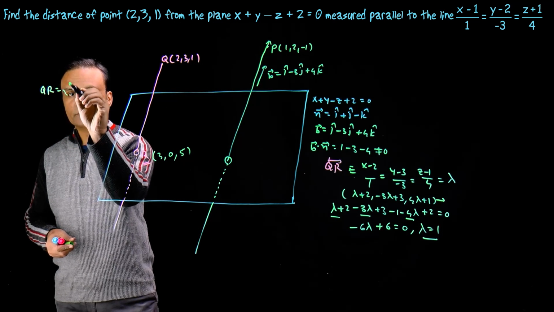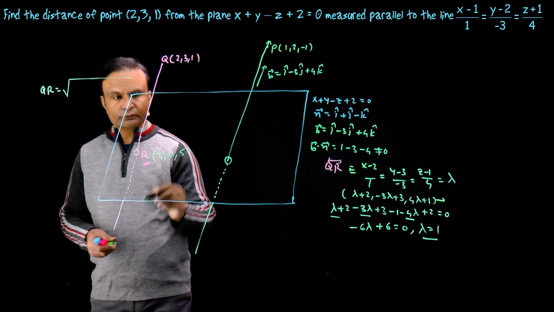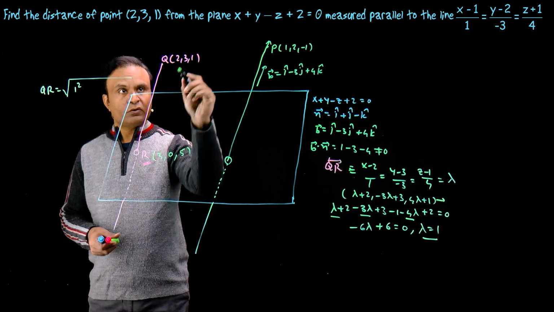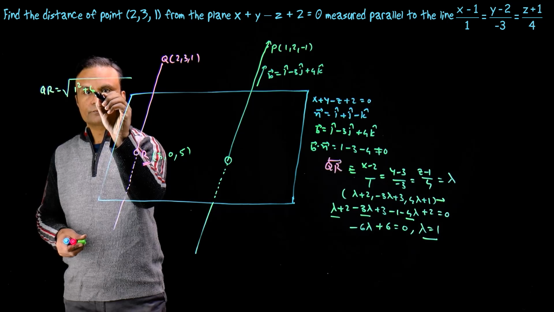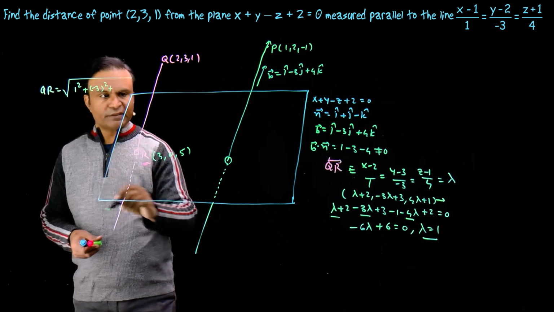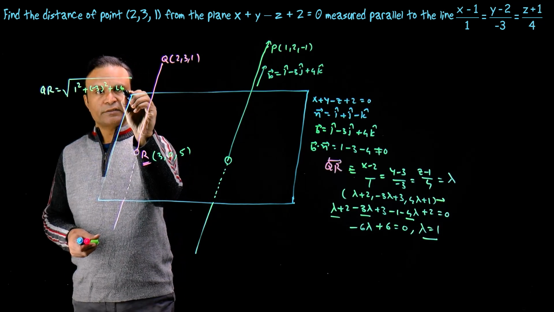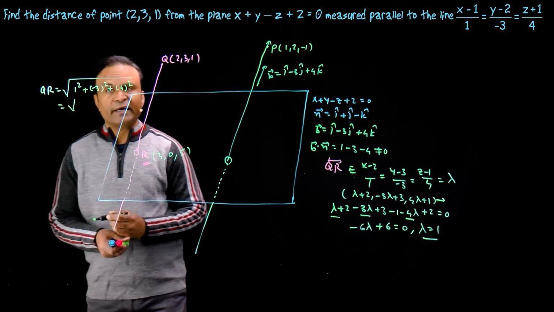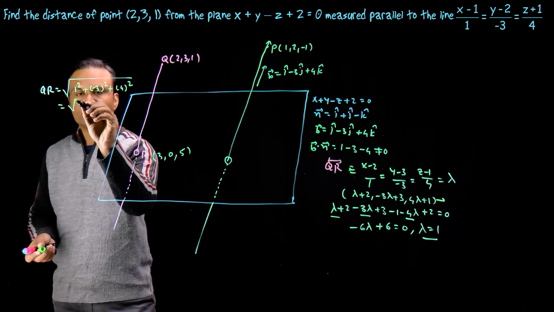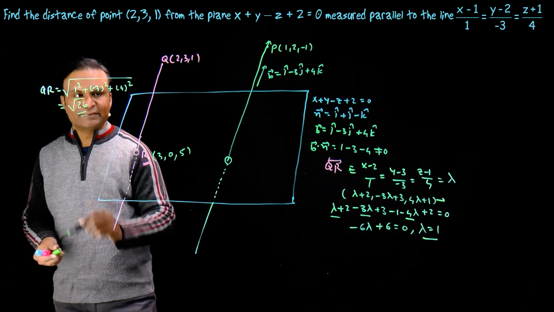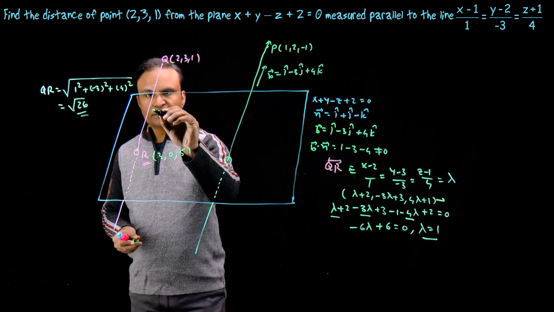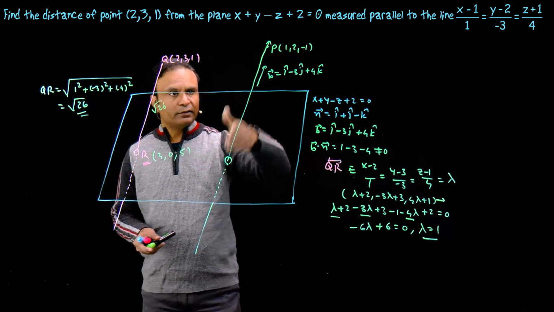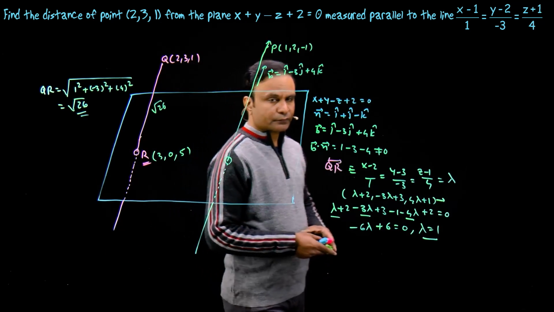Distance QR is equal to square root of 3 minus 2, 1 square, and 0 minus 3 square, plus 5 minus 1, that is 4 square. So we get this distance as 1 plus 9 or 10 plus 16, root 26. So this is distance of point Q from this plane measured parallel to this line.